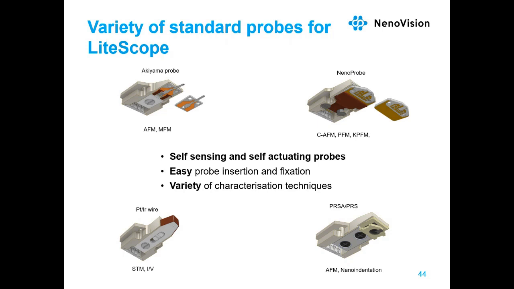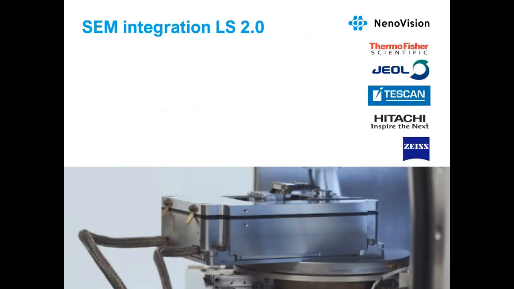To be honest, we are capable of working with almost any available self-sensing probes, because the only thing we change is the probe holder. And this is a really simple modification.